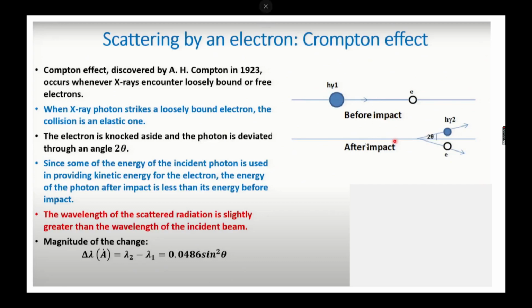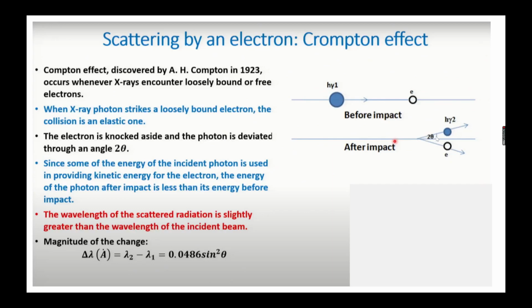Here you can see this is your electron and this is your photon. This is coming, so this is before impact. Now it will hit this electron, and the electron is knocked aside, and this photon, which was on this path, will deviate through an angle of 2 theta. So this angle from the path will be 2 theta.